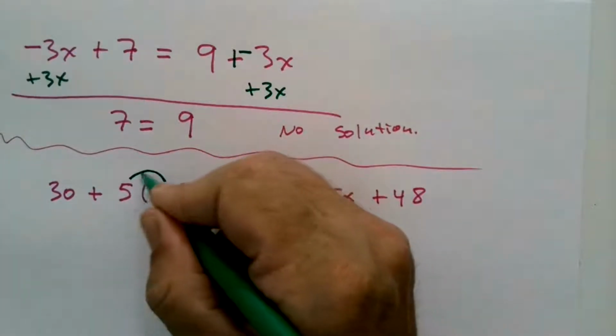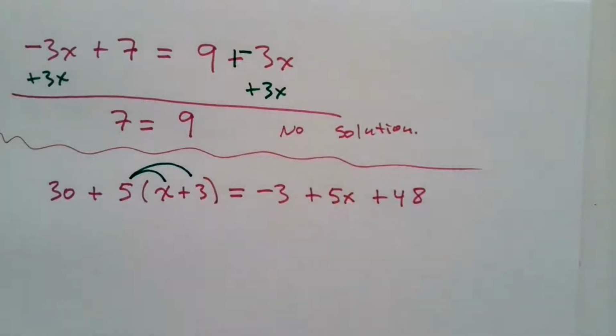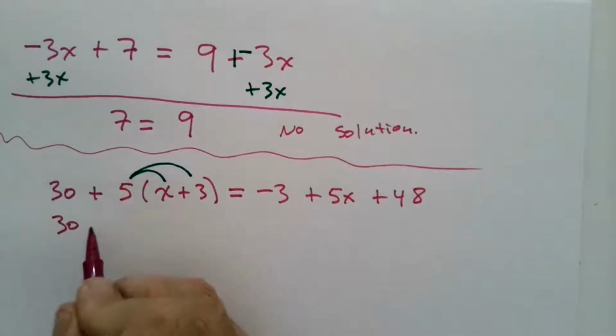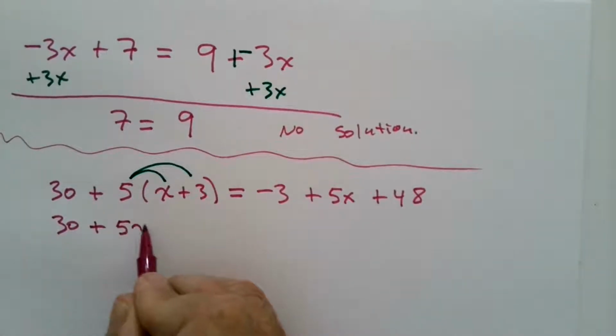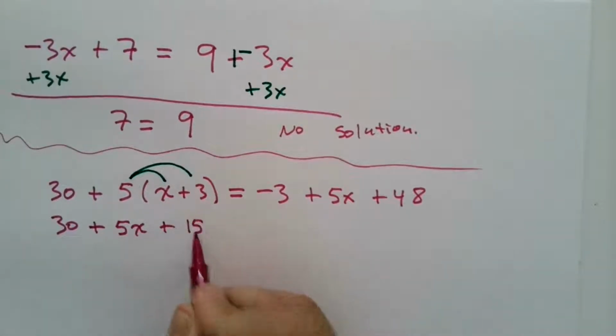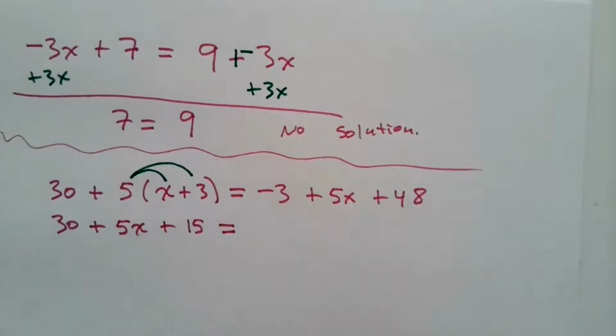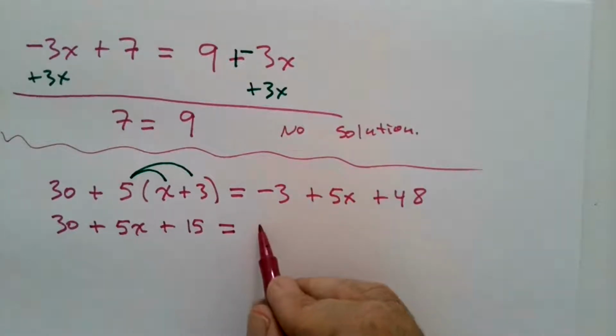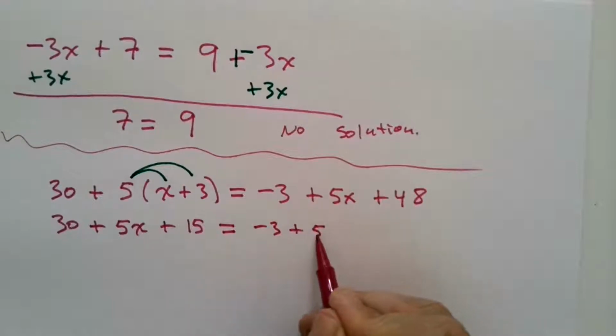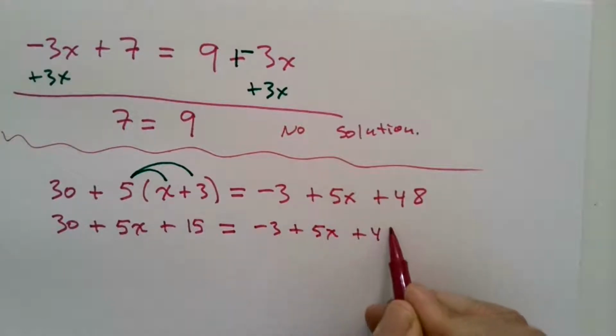So 5 times x is 5x, 5 times 3 is 15. So on the left side, I get 30 plus 5x plus 15 equals, on the right side, negative 3 plus 5x plus 48.